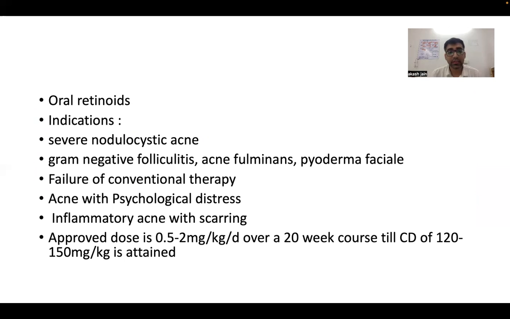Also used when there is failure of conventional therapy, acne with psychological distress, and inflammatory acne with scarring. The approved dose is 0.5 to 2 mg per kg per day over a 20-week course, that is 5 months, till a cumulative dose of 120 to 150 mg per kg is attained.